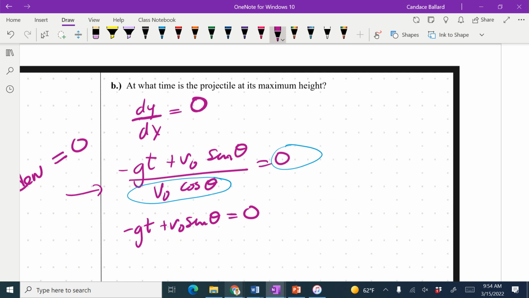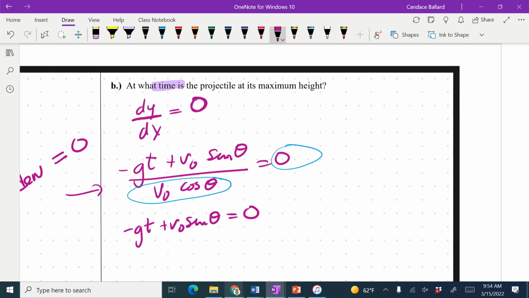All right. I really don't know what I'm supposed to be doing. I need to go back and read the question, okay? Because I've got an equation and I've set it equal to 0. I know that's where my maximum occurs, but what are they actually looking for? We're supposed to find time. So what variable am I going to solve for? T. And I'm going to leave it in terms of all this other junk, right? I'm going to get t by itself.